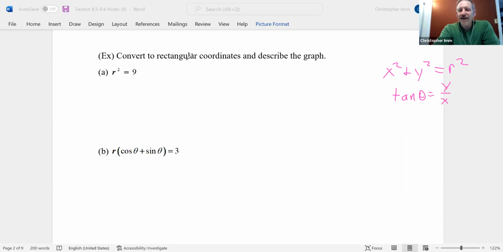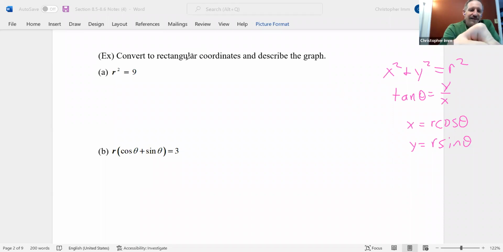And of course, we know that if you have an x, you can just sub in r cosine theta. And if you have a y, you can sub in r sine theta. Or if you're going the other way, you look for r cosine theta and r sine theta.